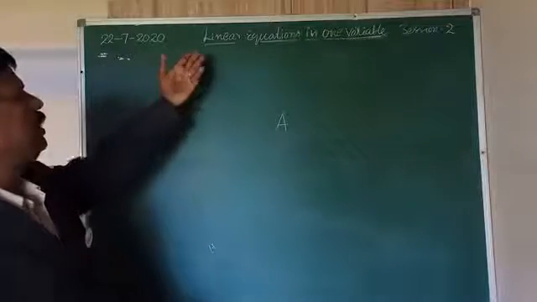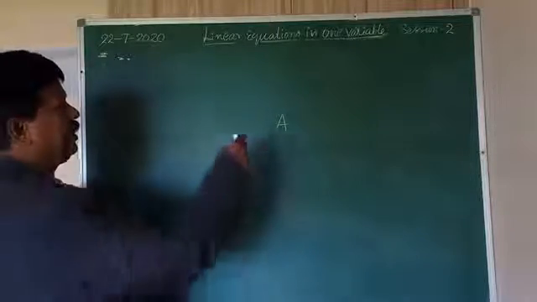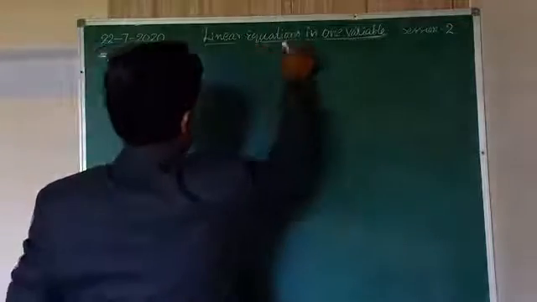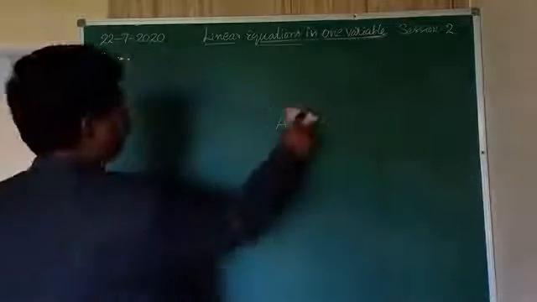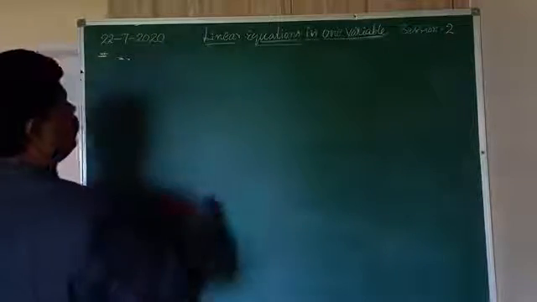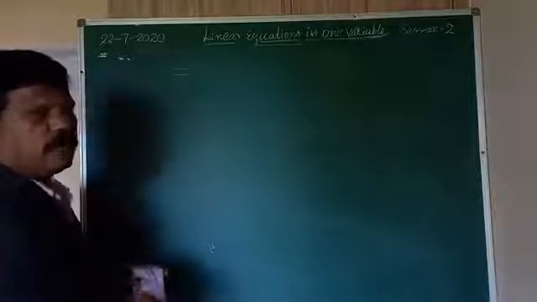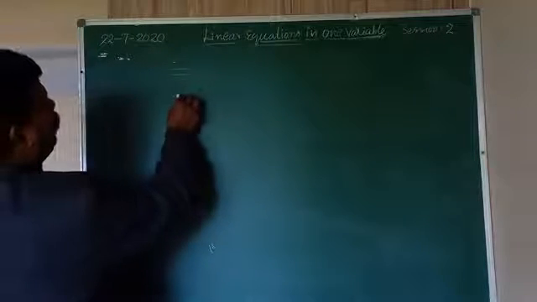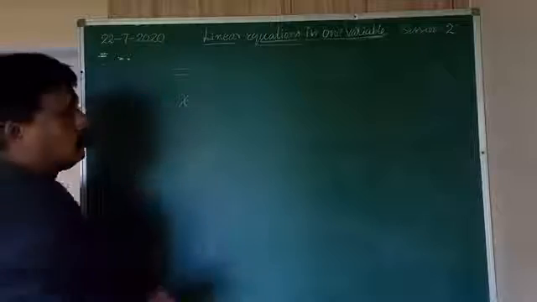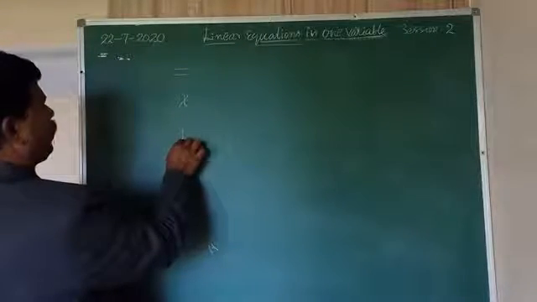So, one is a linear equation in one variable. First thing is equations. An equation should contain an equal sign, right? So, an algebraic expression which contains an equal sign, then only one variable whose power is 1.